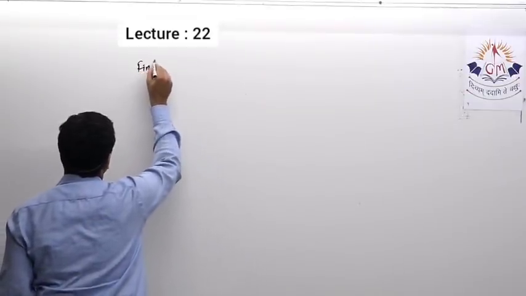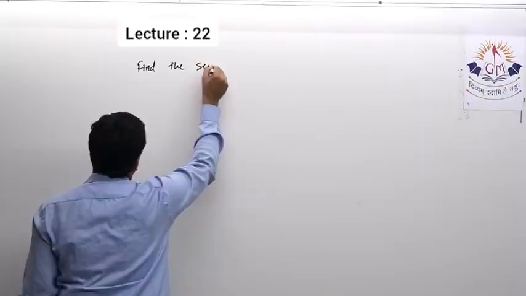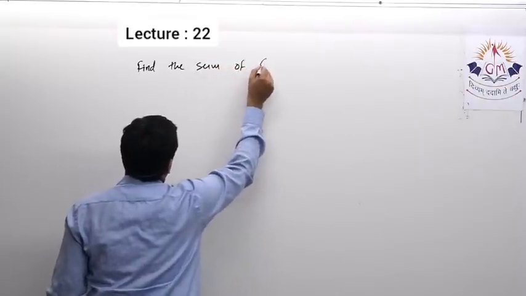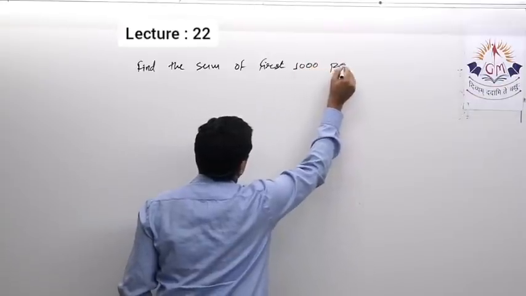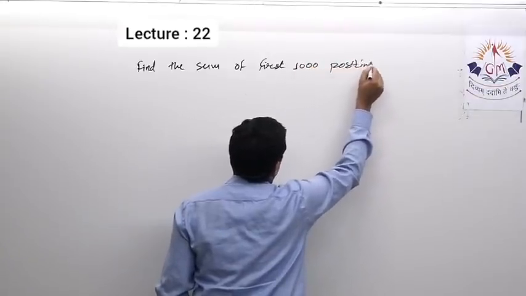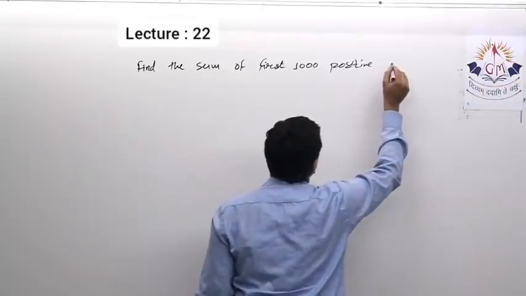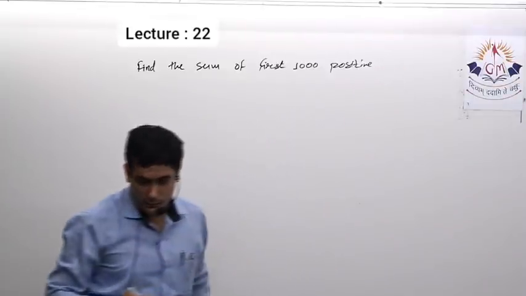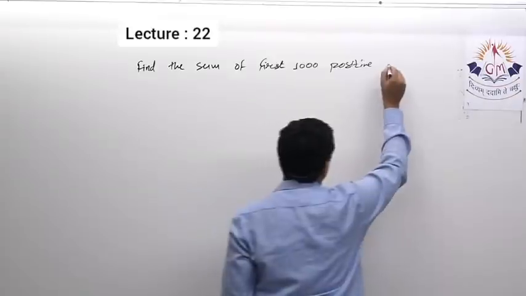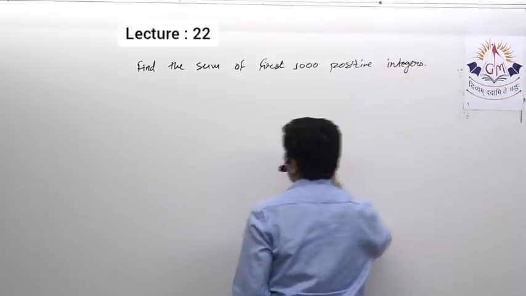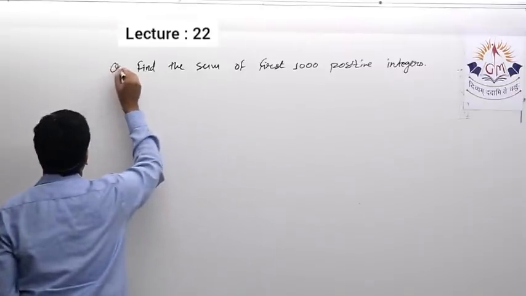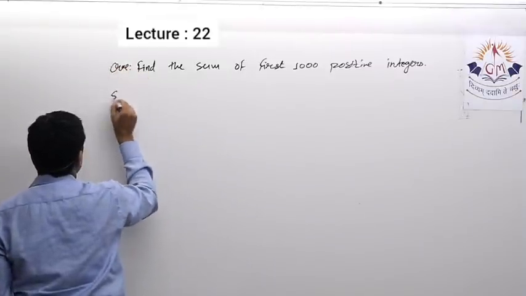Find the sum of first 1000 positive integers. Okay, we have to find the sum of first 1000 integers.